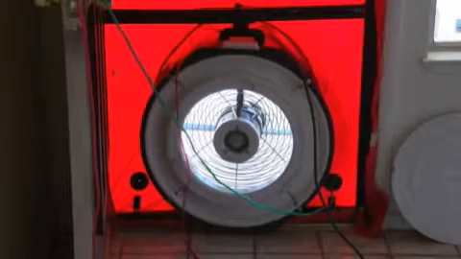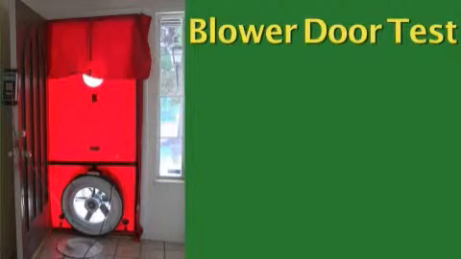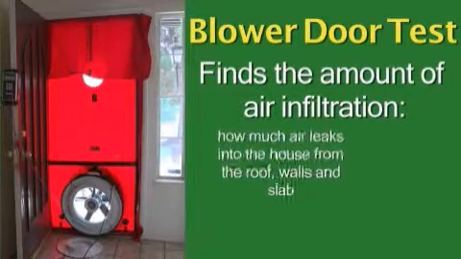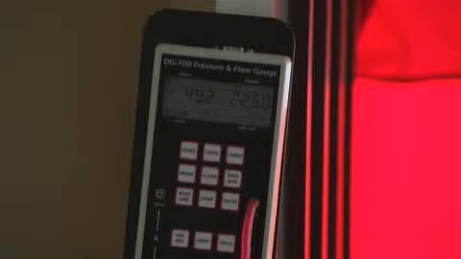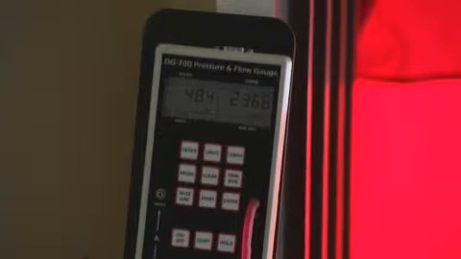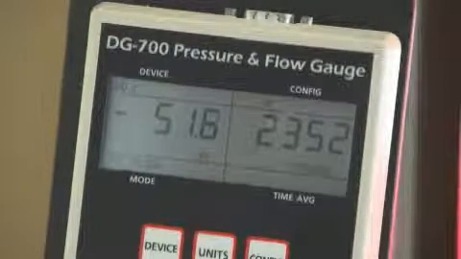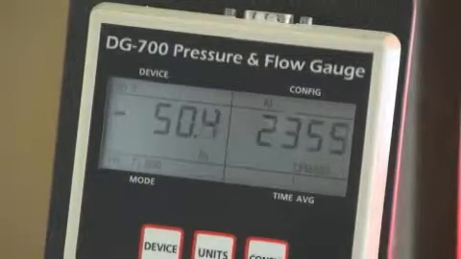That large quantity of air exhausted after we close all the doors and the windows equates to the actual amount of air that's able to leak into the house. So if we, for example, can exhaust 2,000 cubic feet per minute of air through our blower door with all the doors and windows closed, that means the leaks in that house equate to 2,000 CFM of air leakage.